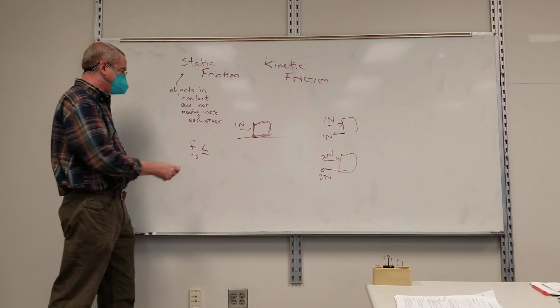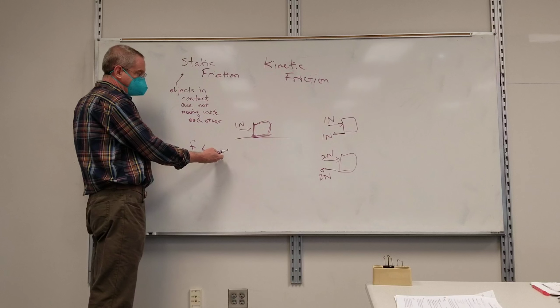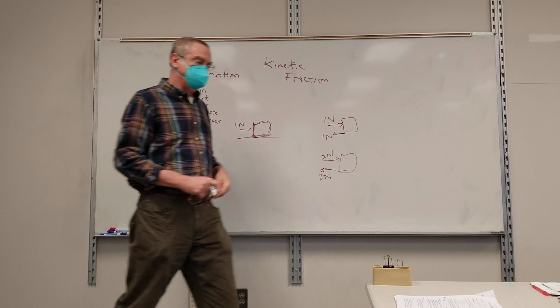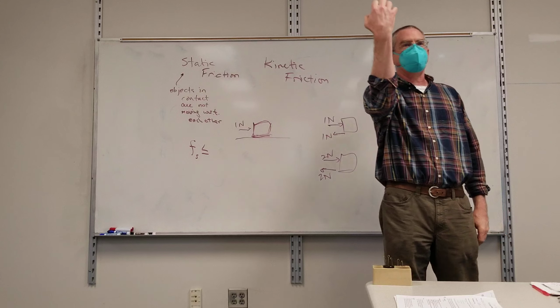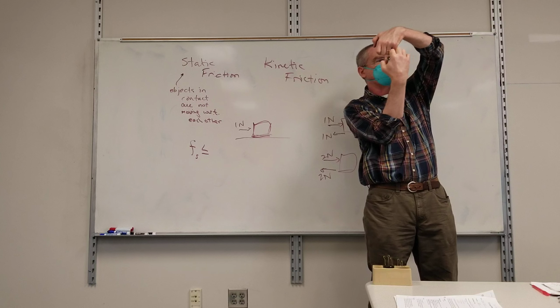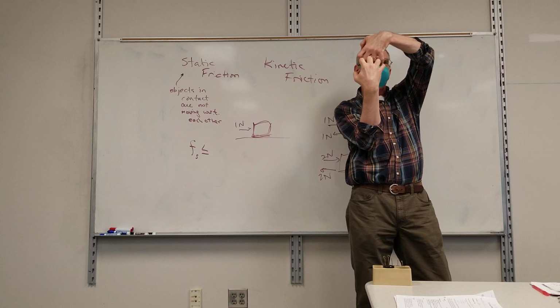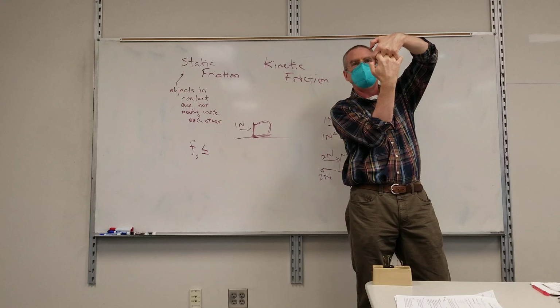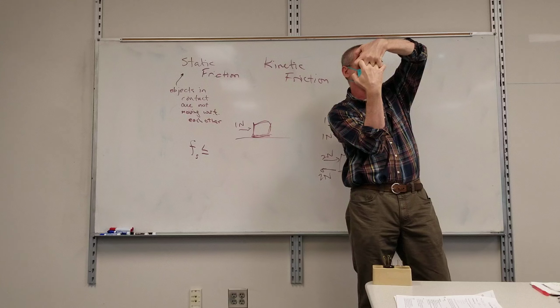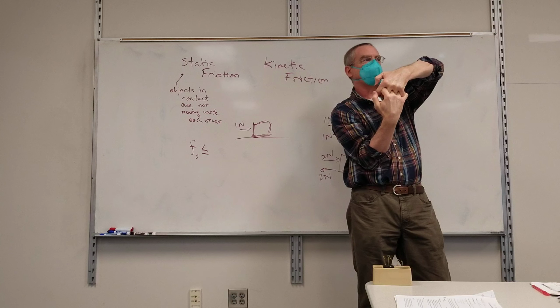Now, in terms of that breaking point, it's been found that if I've got 2 surfaces, so let's say these are the 2 surfaces right here, I don't want to slide them across each other. If they're pressed really tightly into each other, it's a lot harder to get them to move apart. So how tightly they're pushing into each other is some factor in how much friction there is.